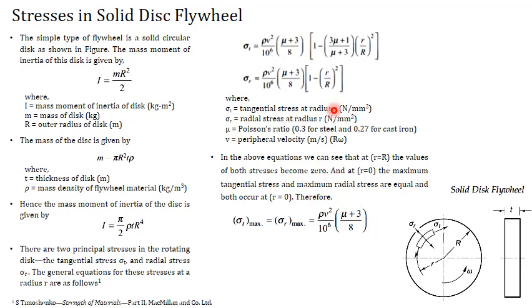Now in the above equation we can see that when the small r becomes capital R, the value of sigma T becomes 0, and the value of sigma R also becomes 0.